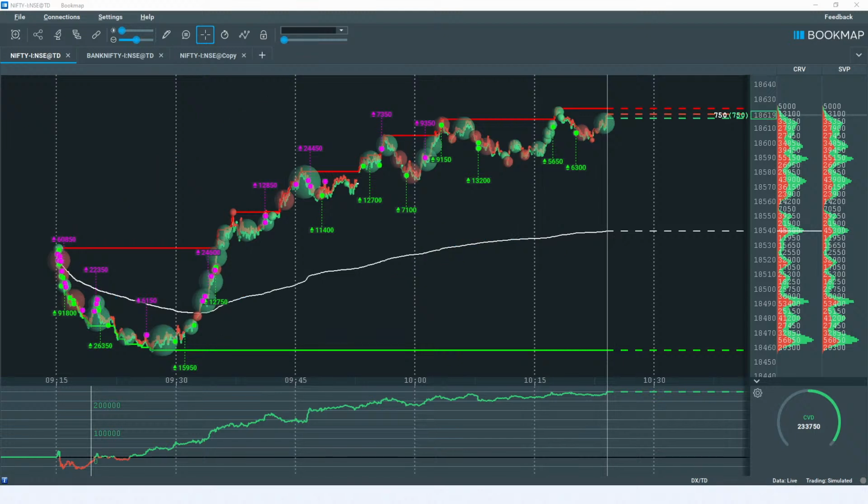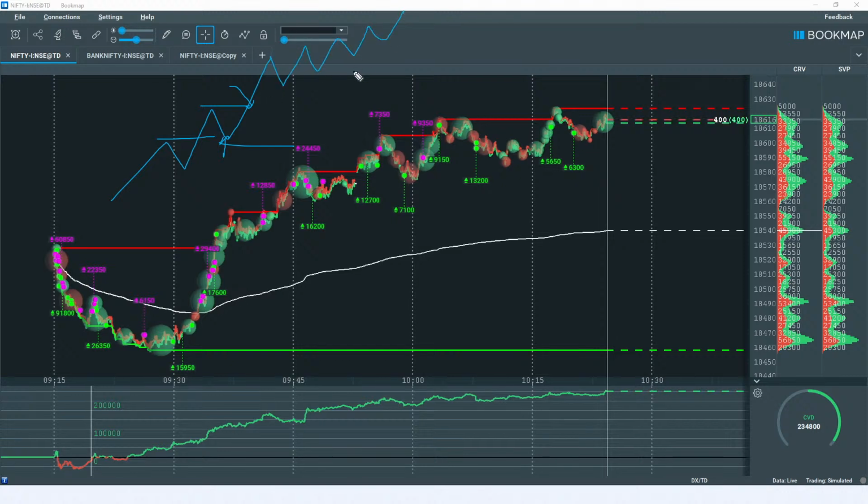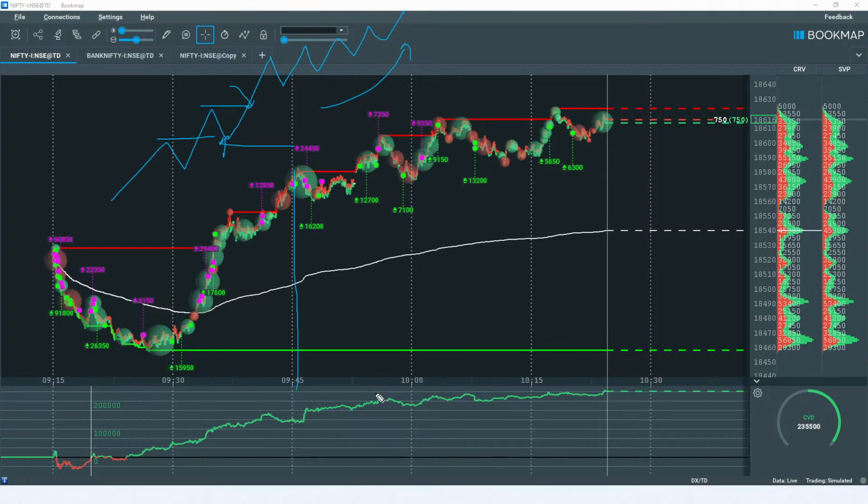Once that is clear to you, now you know that you want to get into the trade. How can we do that? Simple. Either break of the last swing, where we can keep our stop loss at the last swing low where we see the absorptions. And similarly, whenever this particular price pattern is continuing in our direction, we can simply trail our stop loss. Assume after 15 minutes, you know that there was a strong reversal.